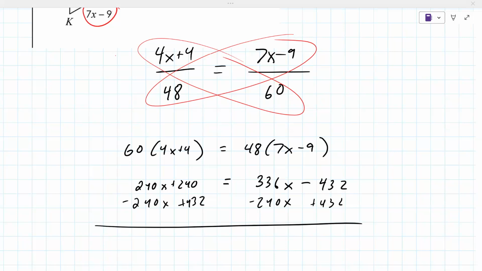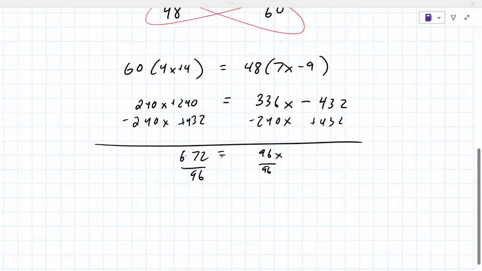So go ahead and divide by 96. Wait, divide 96 by what? The number you have on the left side: 672 equals 96x. You're going to divide both sides by 96. Oh, sorry. That's 7. Yep, x equals 7.